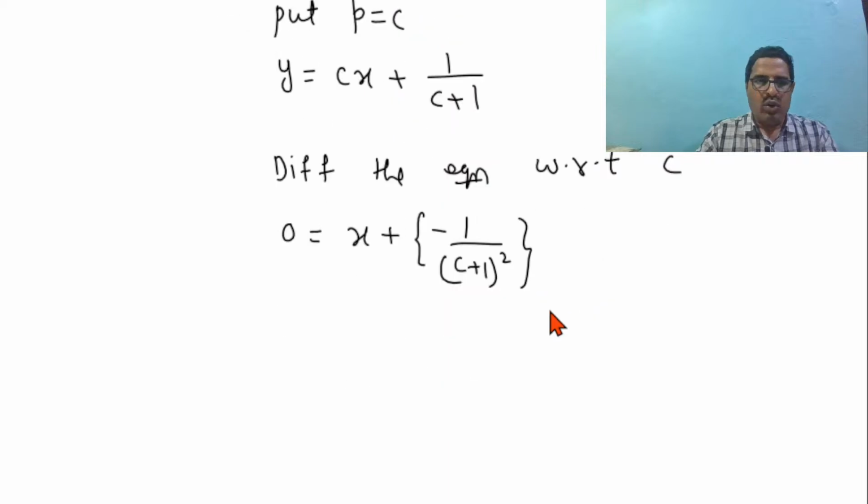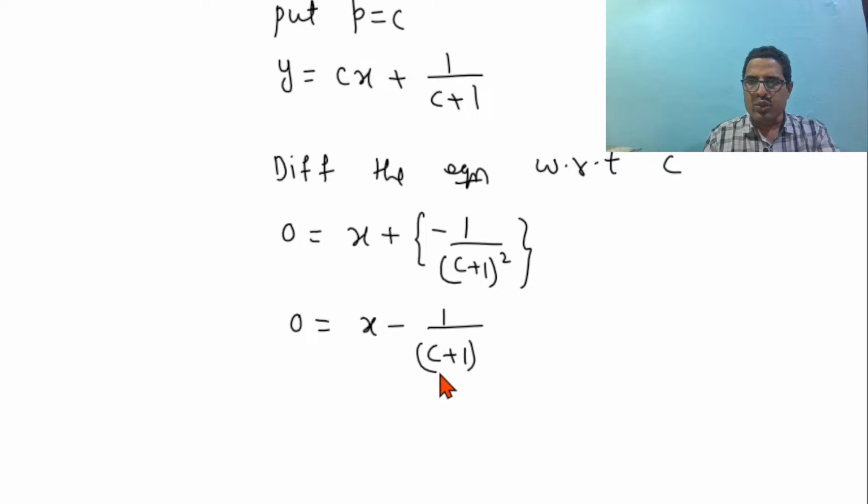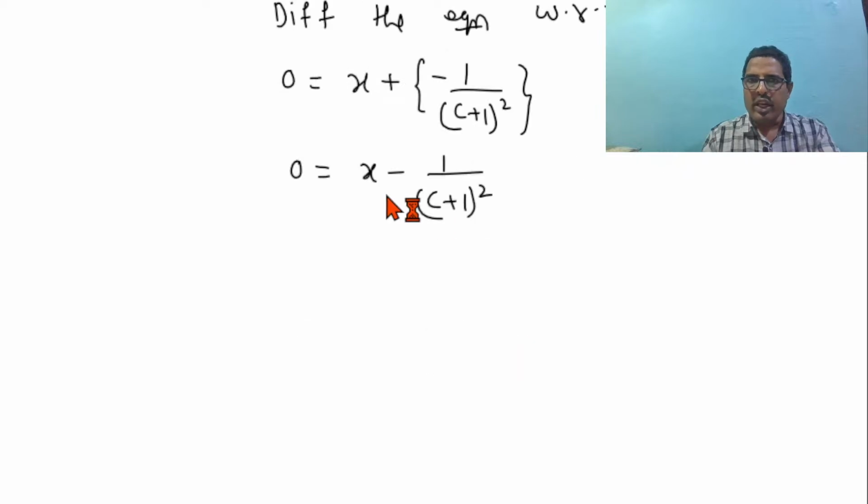From here I need to find out the value of c. So, 0 equals x plus, into minus, minus 1 by c plus 1 whole square. This negative value you can take on the other side, becomes positive, so x equals 1 by c plus 1 whole square.